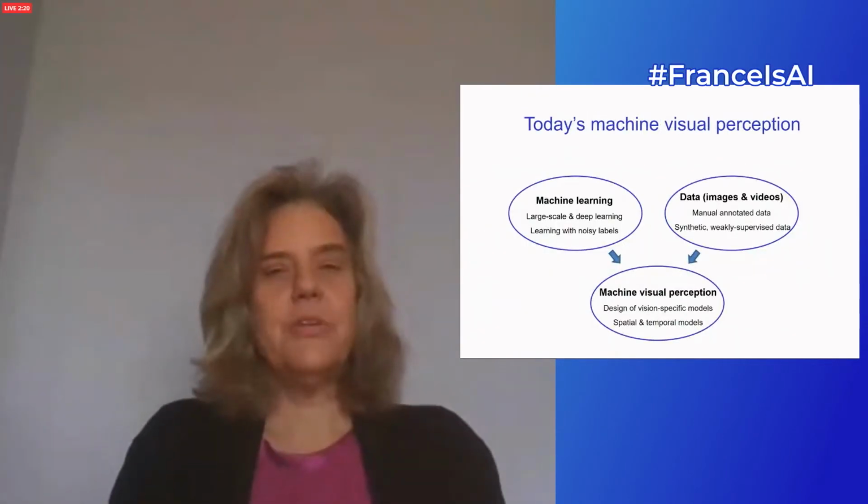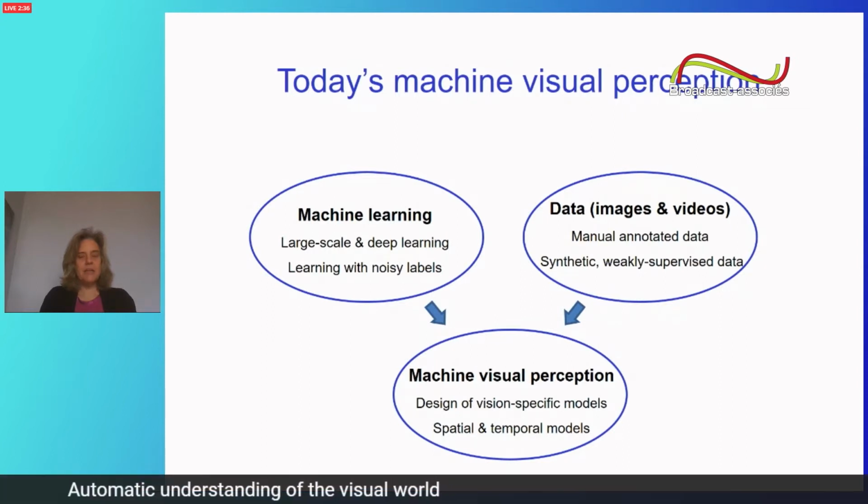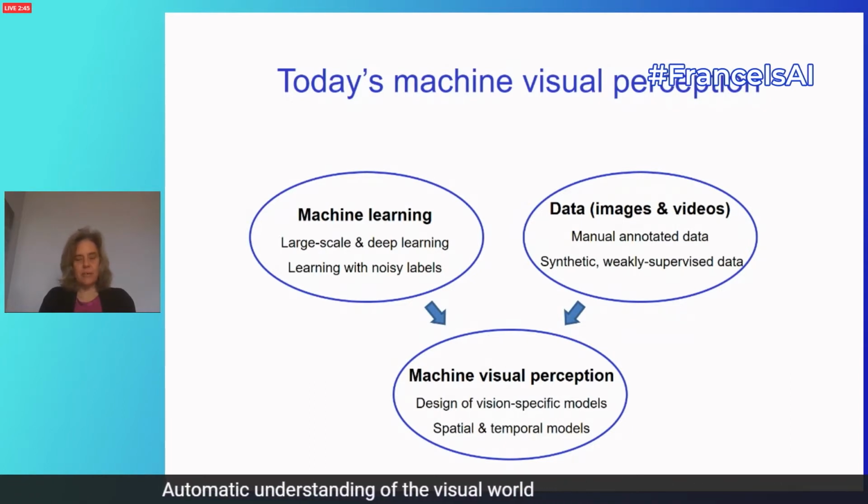Today's machine visual perception heavily relies on machine learning, particularly on large scale deep learning and learning with noisy labels. Another important component for today's visual machine perception is the data. There's a lot of manually annotated data sets around. However, this is cumbersome and tedious, and recent research looks into using synthetic and weakly supervised data.